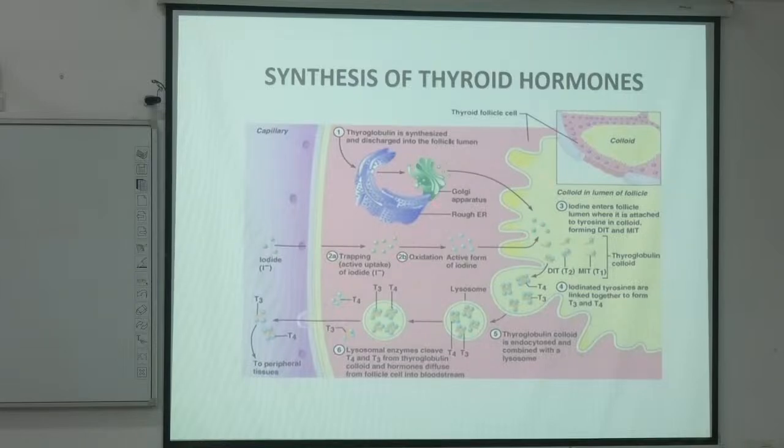This is the surface within the cell where MIT and DIT are formed, and thyroid peroxidase is present in this area. And then, as I told you, once T3 and T4 are formed, there is phagocytosis by these cells, and this fuses with the lysosome and undergoes hydrolysis, and T3 and T4 are released.